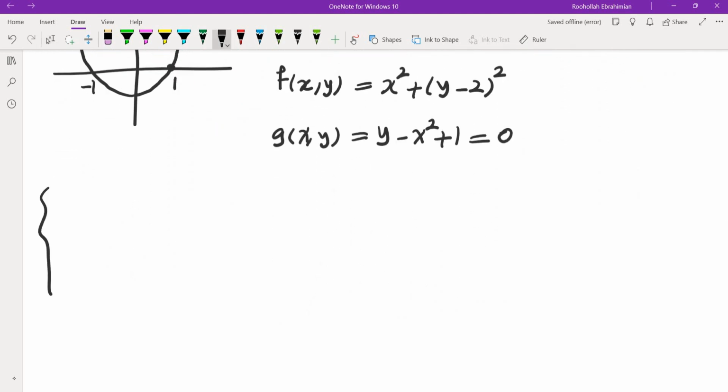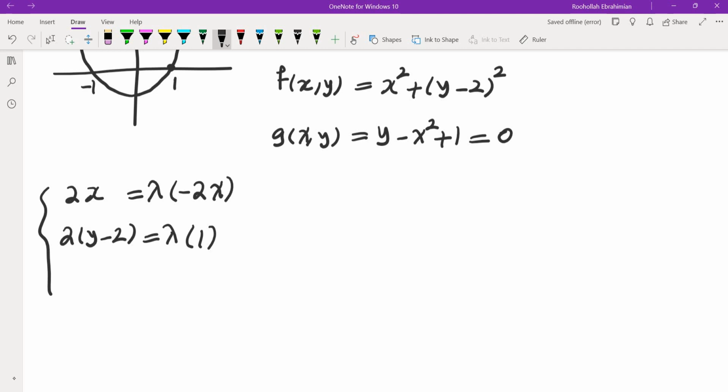So partial of f with respect to x and partial of f with respect to y must be lambda times partial of g with respect to x, which is negative 2x, and lambda times partial of g with respect to y, which is just 1, and then the constraint, y equals x squared minus 1. We'll go ahead and solve this system, and that would give us our answers.